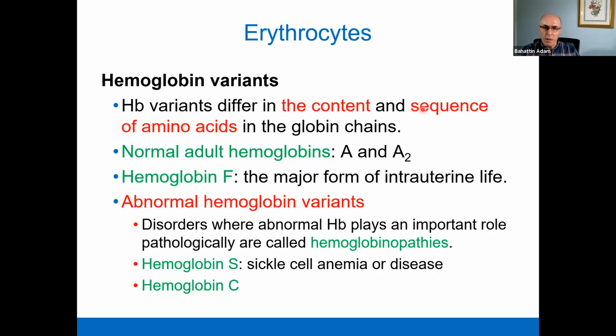In the normal hemoglobins, we have hemoglobin A or A2 as polypeptide chains, and hemoglobin F, the major form of intrauterine life. The mostly hemoglobin F you see in intrauterine life, but after the birth, it will be replaced by hemoglobin A.